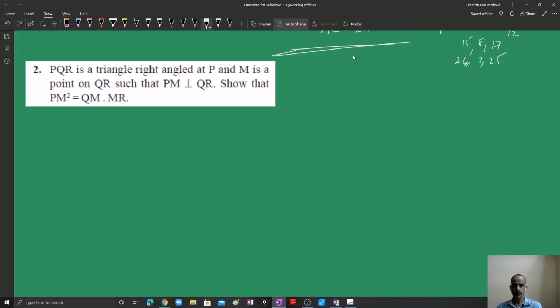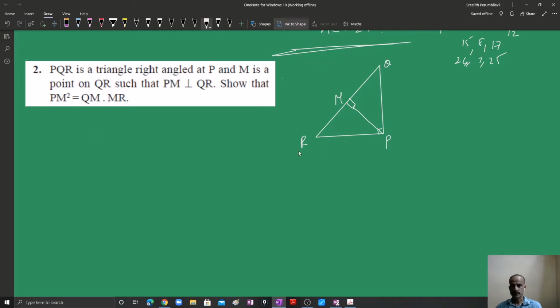Show that PM square... So there is a right angle triangle, PQR, right angled at P. And M is a point on QR such that PM is perpendicular to QR.